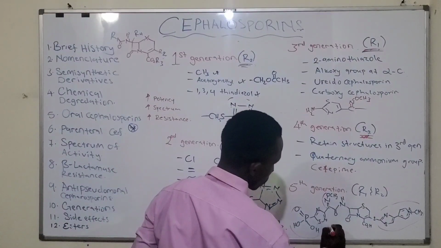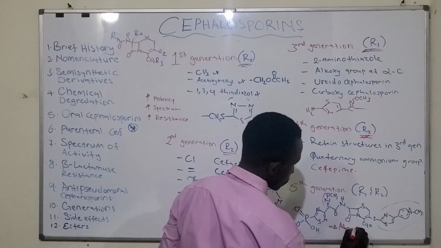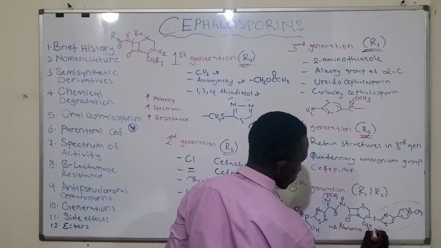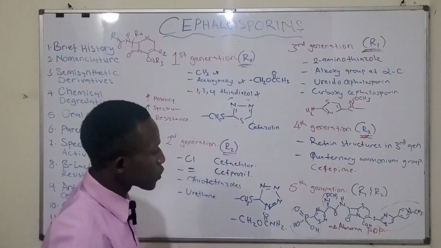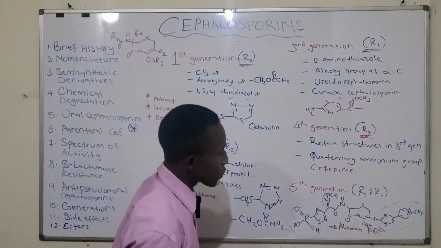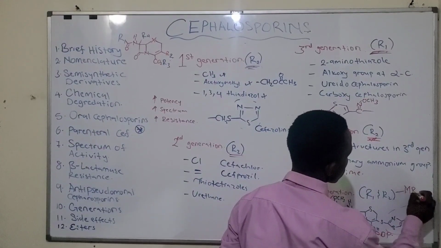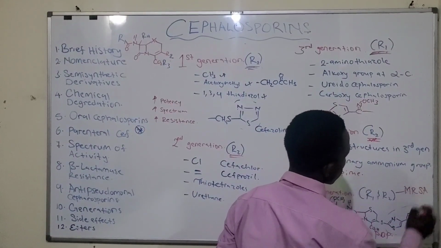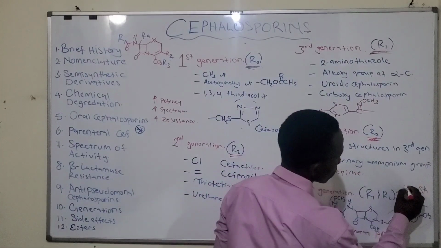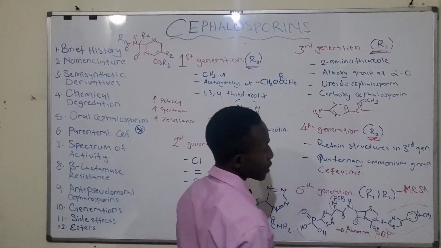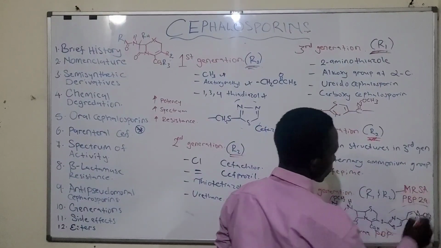It has capacity to bind to those abnormal penicillin binding proteins because of its structure, and also the normal ones. So this one can mainly target the methicillin resistant Staphylococcus aureus. It can target these because it can bind to those abnormal penicillin binding proteins like penicillin binding protein 2A.